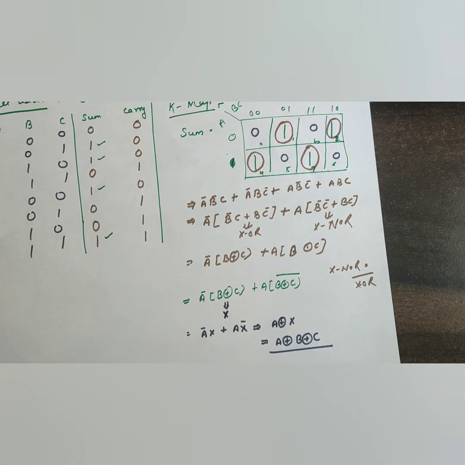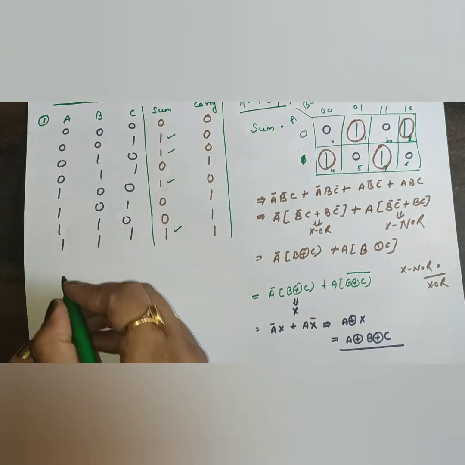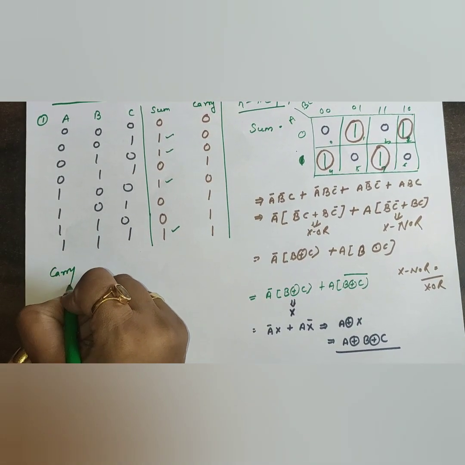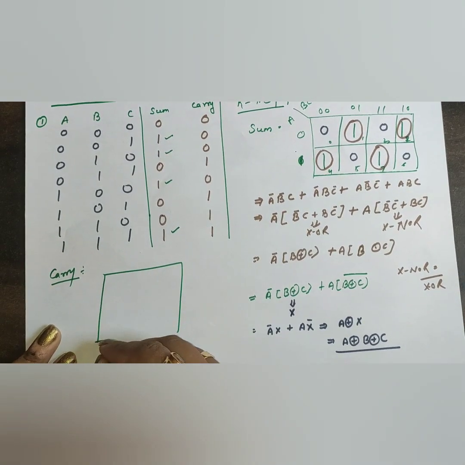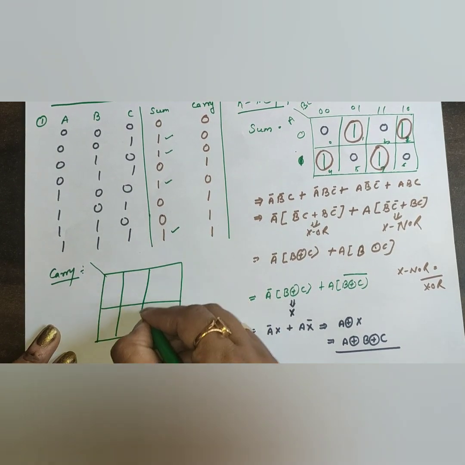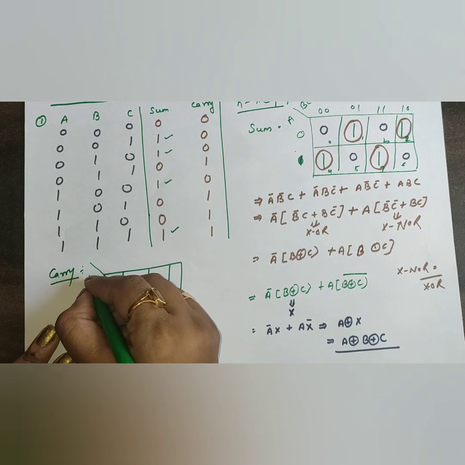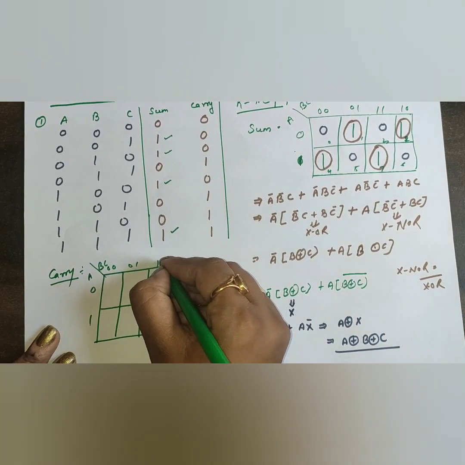Okay. Now we will write the K-map for carry. So carry will be like, it is also 3 variable: A, B, C, 0, 1, 0, 0, 0, 1, 1, 1, 1, 0.